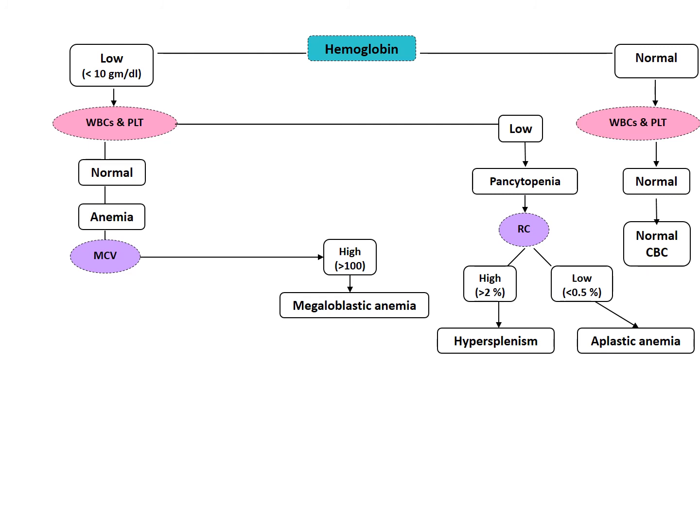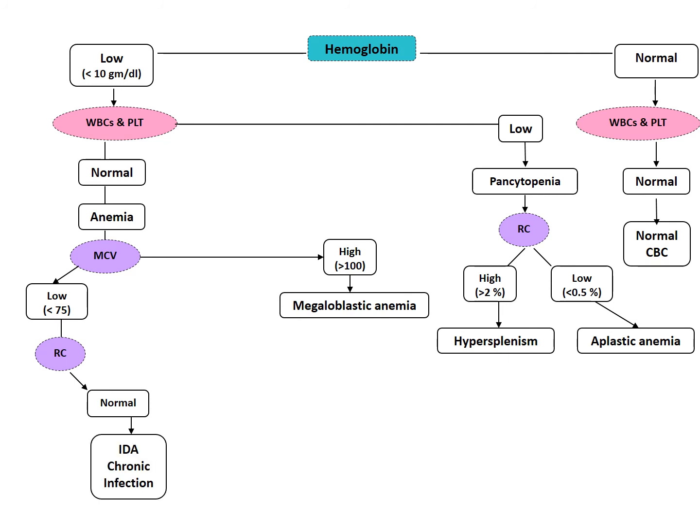But what if the MCV is lower than expected? Think of doing a reticulocyte count, because if the reticulocyte count is normal or low, it could be iron deficiency anemia or chronic infection. But if it is high, you are expecting thalassemia or chronic hemorrhage.